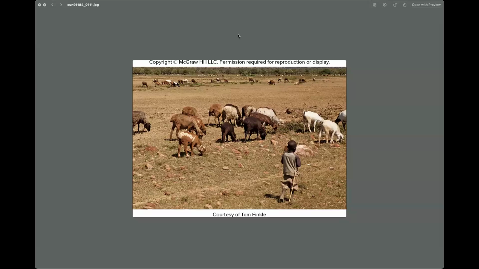And that's one of the logics of the large family for rural people in the global south, is that children contribute to the family. They aren't just consumers. The older sister will take care of the baby when mom is out in the field. So that is one of the conundrums, or one of the factors that contributes to relatively high fertility rates among the rural poor in the global south.